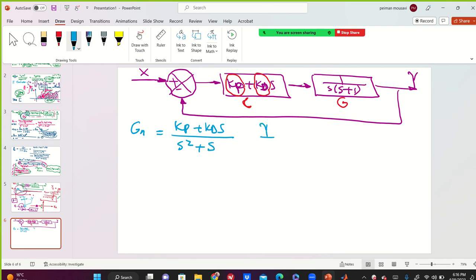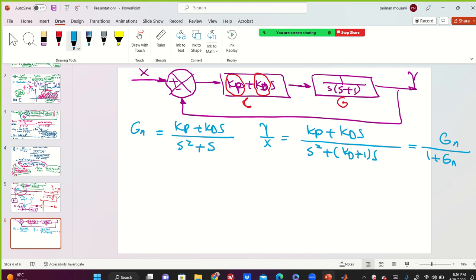So the closed loop transfer function is Gn over 1 plus Gn, which is (KP plus KD s) over s squared plus (KD plus 1) s plus KP. Everybody clear?